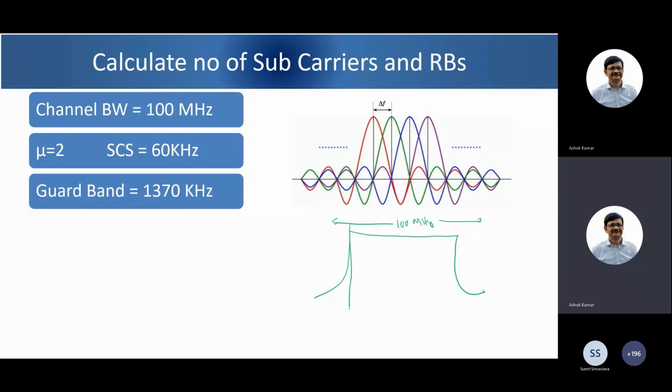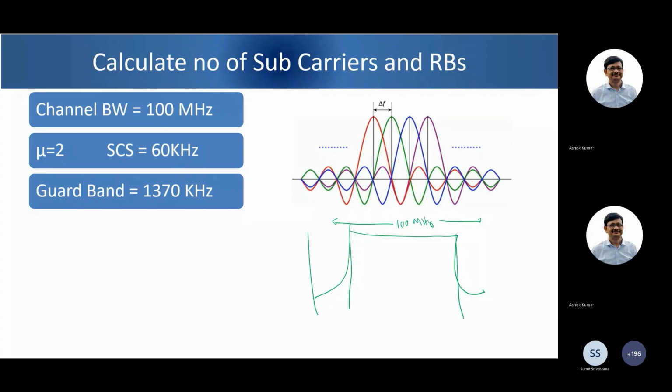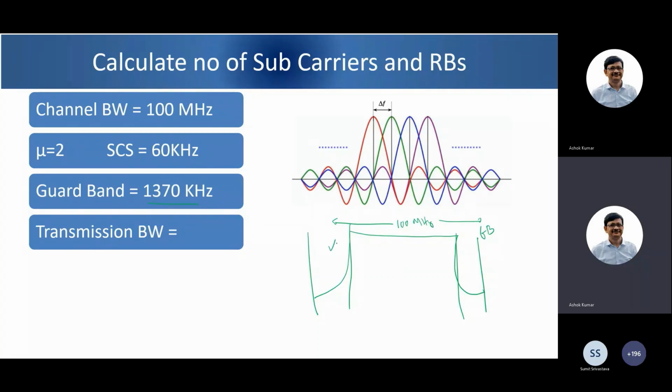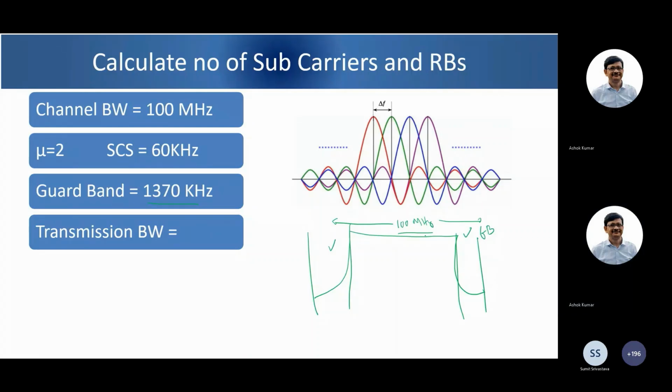But I have to minus this guard band, which is nothing but 1370. So please calculate the transmission bandwidth. You have to subtract the guard band twice from 100 megahertz. Please calculate and write in the chat box.